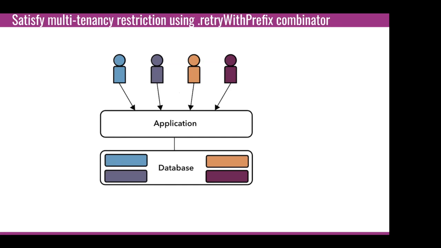By using retryWithPrefix, we are saying that we want to run the query against the prefix table. But if it's not available or not created, we create the table and then run the query, or we just retry several times to actually perform this query.